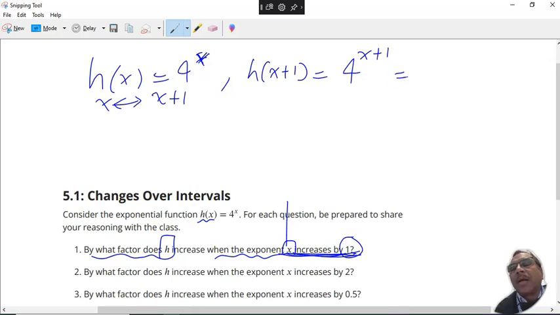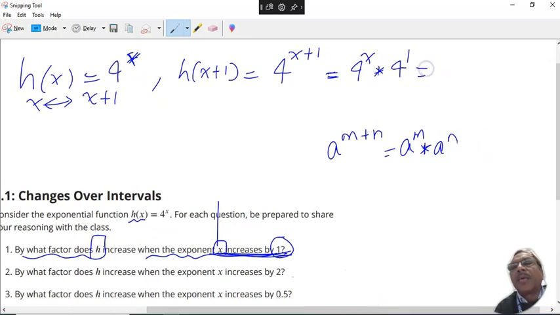And then by the laws of exponents, if we have a raised to m plus n, we can always write it as a raised to m times a raised to n. So this could be written as 4 raised to x times 4 raised to 1. I'm going to write 4 raised to 1 first and then 4 raised to x.